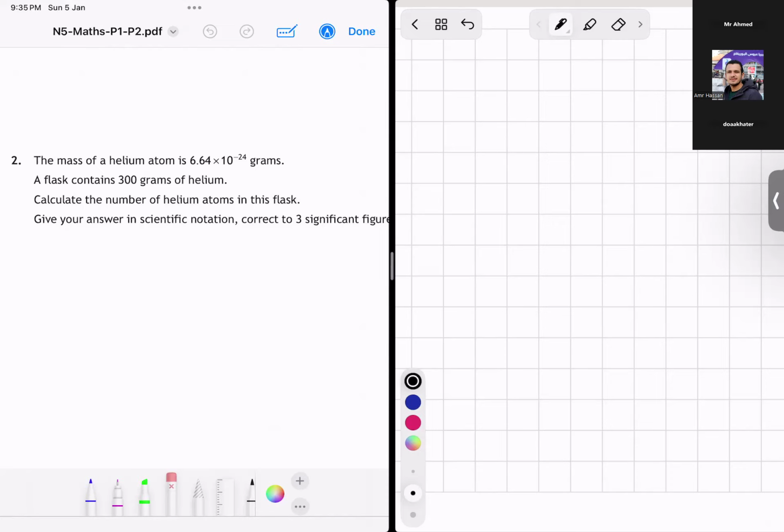The first one, but I need you to pay attention. He asks you to give your answer in scientific notation, and correct to three significant figures, which makes sense. The first one sounds like 300 divided by the mass of the helium, 6.64 multiplied by 10 to the power of negative 24. Do it using the calculator. It's just mass over mass, right?